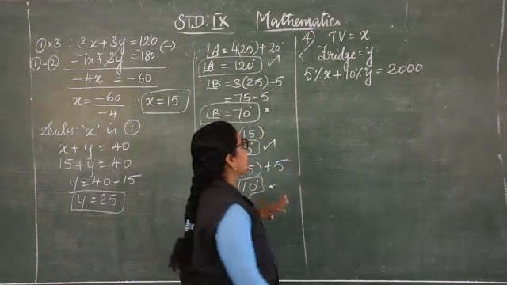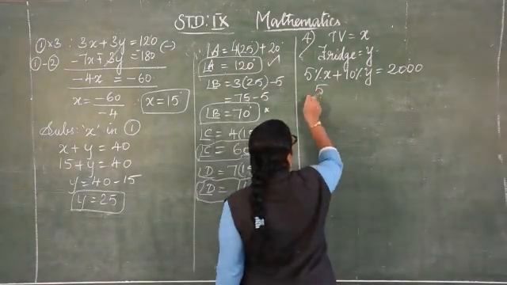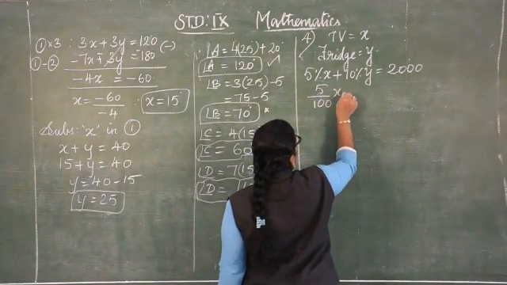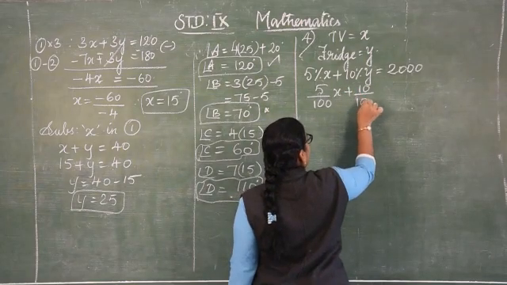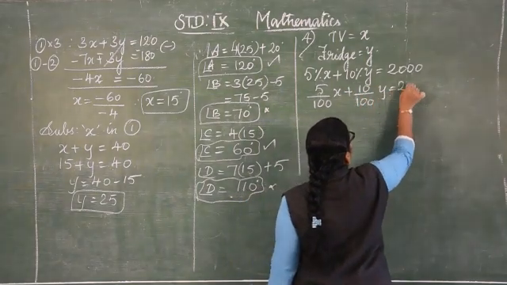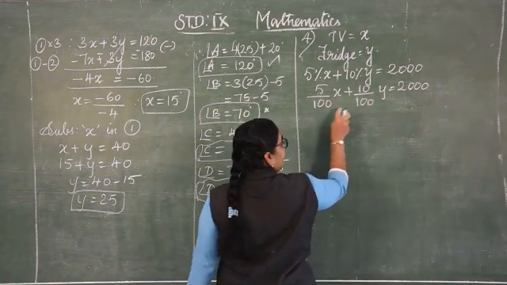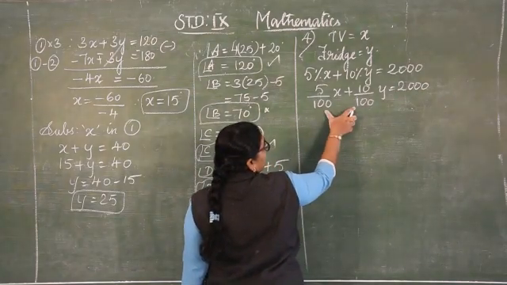Simplify the equation first. 5% is nothing but 5 by 100 X plus 10 by 100 Y equal to 2000. Both the terms are having 100 as the denominator.